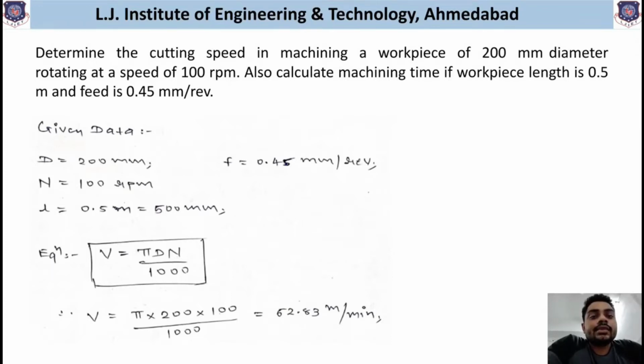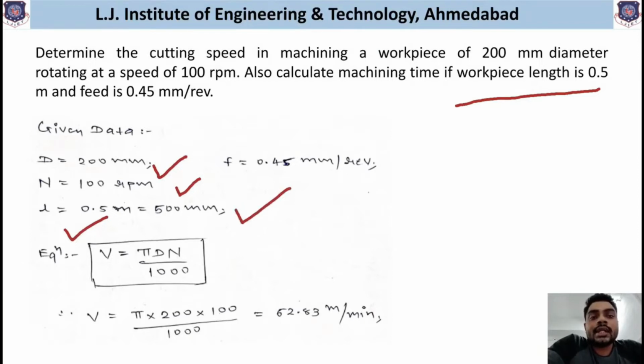So the given data, first of all, is the diameter 200 mm and 100 rpm. Now workpiece length is given over here and that is 0.5 meter, but as we need to always use the same unit throughout the example, we will convert 0.5 meter into mm, and as 1 meter is equal to 1000 mm, 0.5 meter into 1000 is equal to 500 mm.